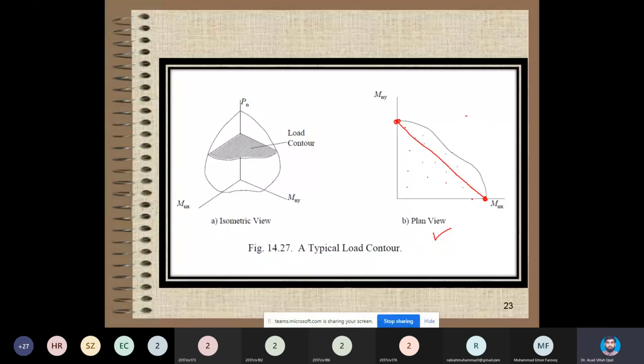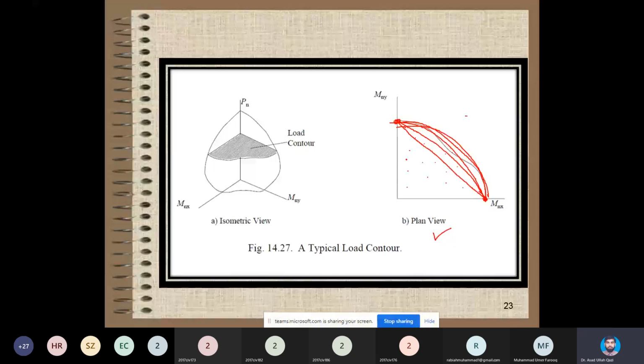If I take alpha greater than 1, I will have such curves. Alpha 1 means I will have a triangular load contour, triangular geometry, and it is the most conservative in case of capacity, because the area covered will be less.